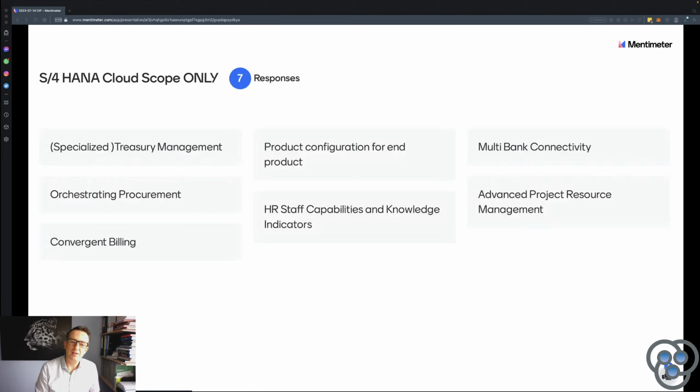I wouldn't call it HR staff, but project resource or personal resource, but I understand what it means. Advanced project resource management, exactly, and convergent billing. So these are some functionalities or some processes that SAP S/4HANA Cloud supports and SAP Business ByDesign does not support.